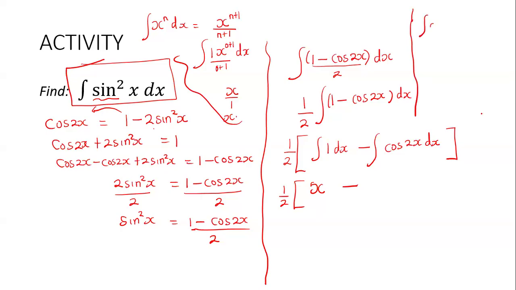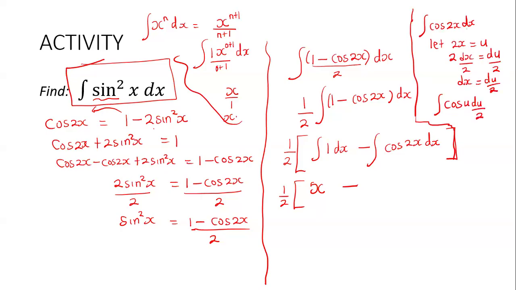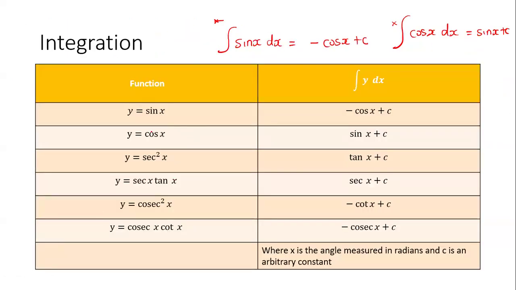u out of 2, because the x here, we have said the x is the u out of 2. So here we shall end up with 1 out of 2 integral of cos of u du. Then you ask yourself, from the table I showed you, that the moment you integrate cos, you get sine.